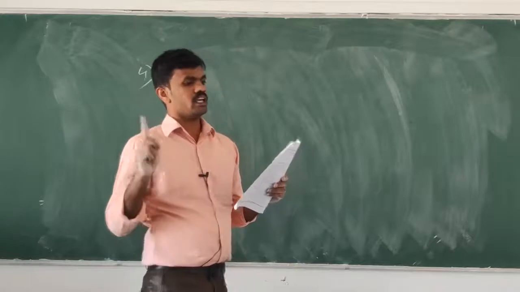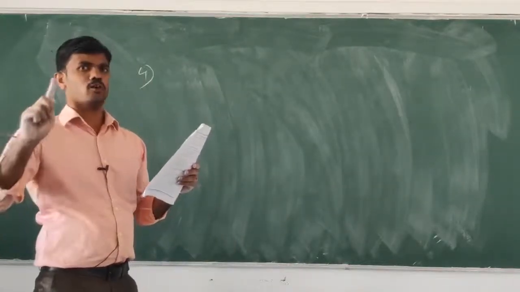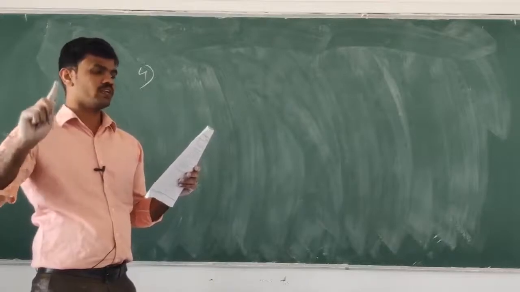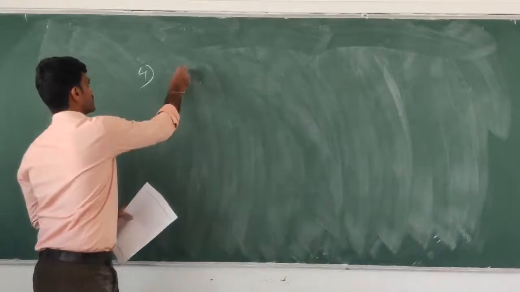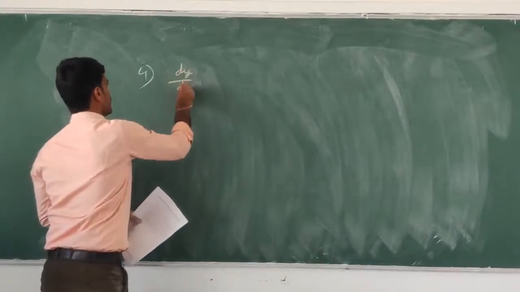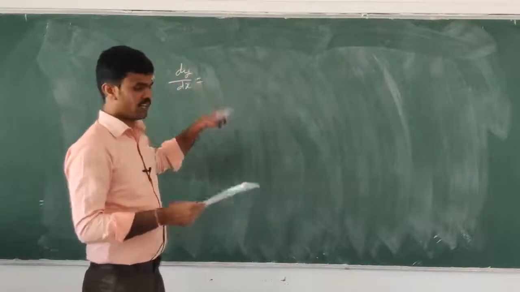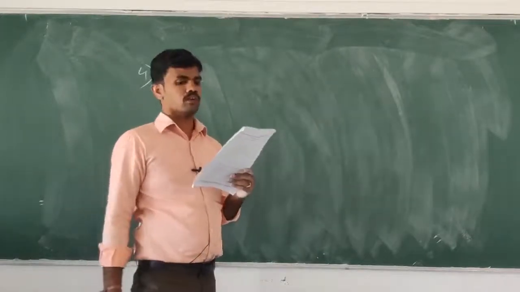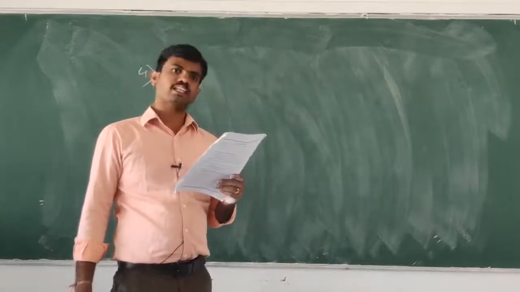So what else is given: if the slope of the tangent to the curve at any point (x, y) is denoted by dy/dx, then dy/dx is equal to the sum of the x coordinate and the product of both the x and y coordinates.